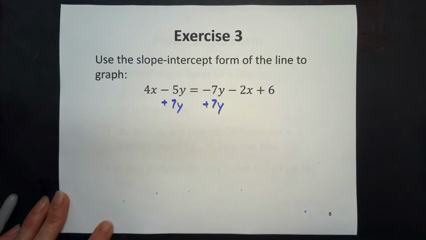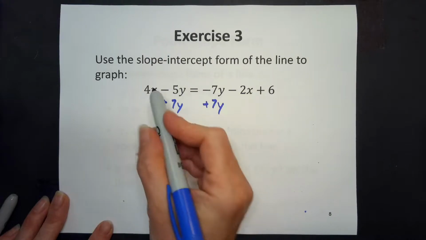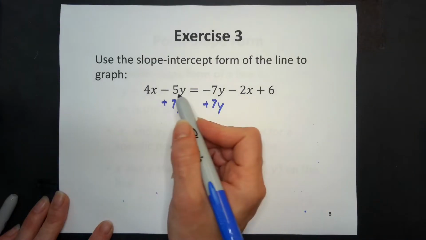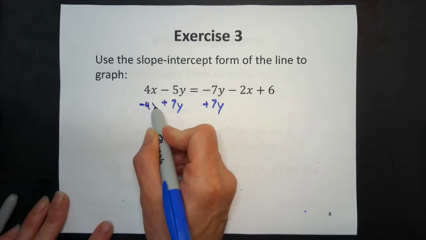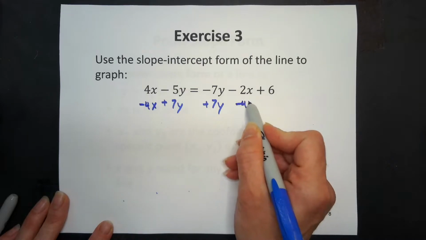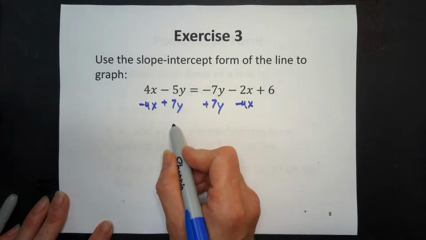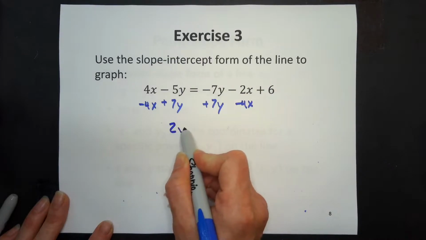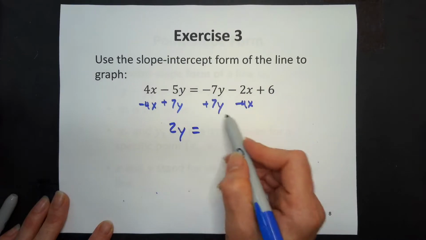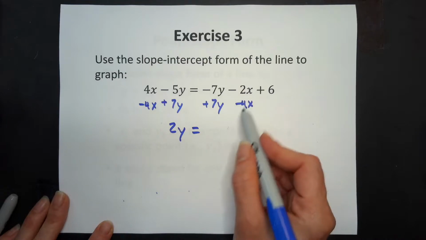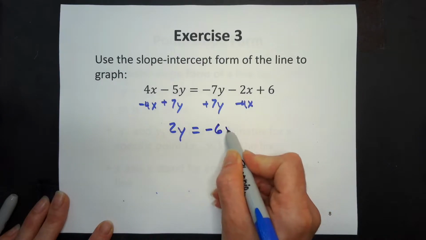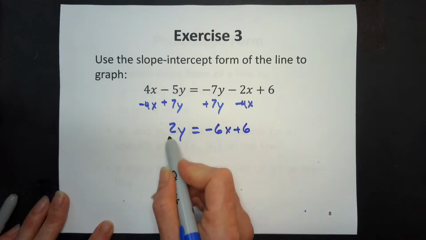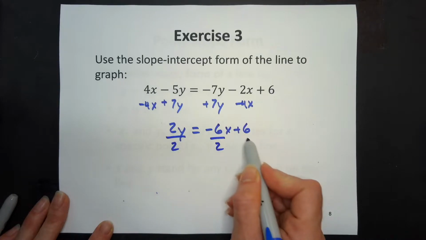I also want to get all my x's on the other side, so I'm going to subtract 4x from both sides. And so that gives us, my y's combine here, my x's there, 2y equals negative 6x plus 6. And then I'm going to divide everything by 2.